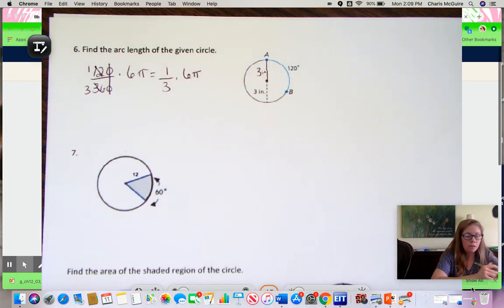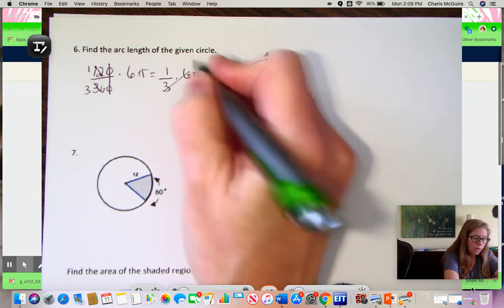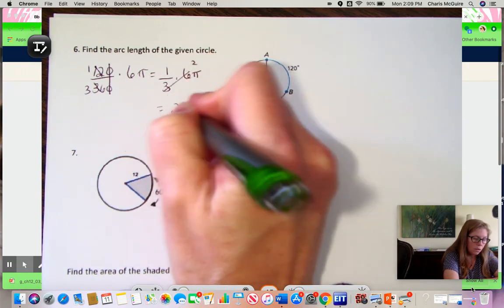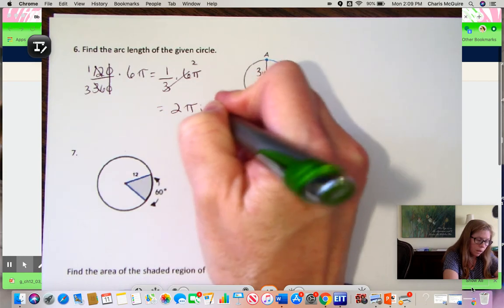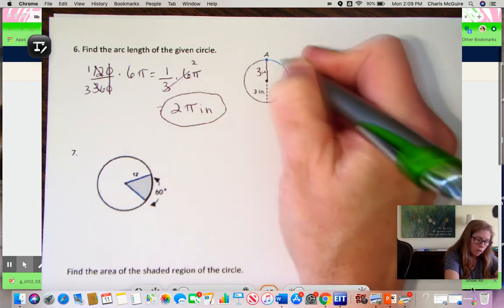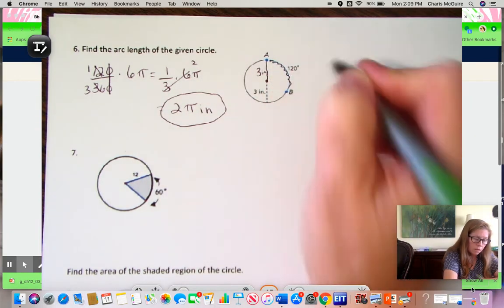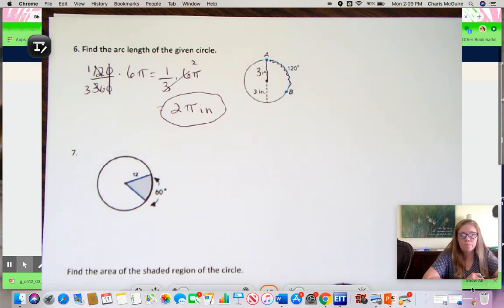And the 3 goes into the 6 twice. So we've got 2 pi, and we have inches on this one, right? And it's linear, right? We're just doing this little section right here. It's linear, so no squaring. All right, you try number 7, please.